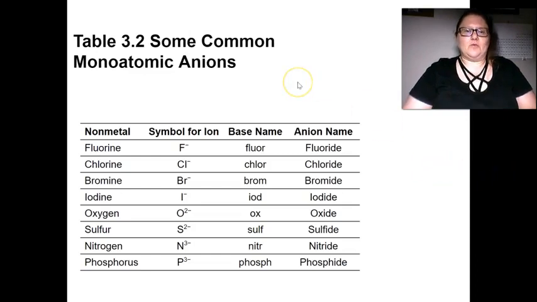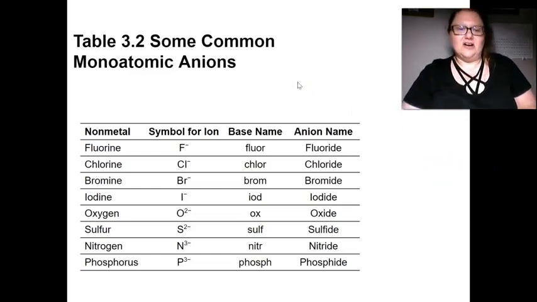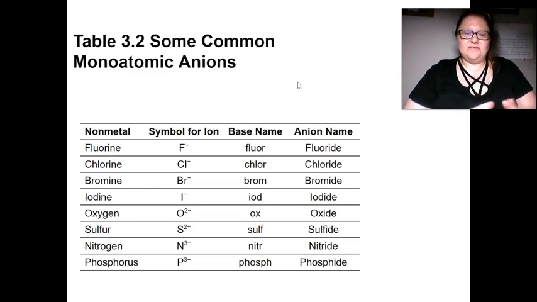Okay, so the way we name the anion changes. The metals do not change their name, but the nonmetals do. So let's look at some examples. When we have fluorine, when it's an ion, it's in group 7A. You wrote down that that forms a -1 charge. We typically don't write the number 1, so it's just the minus sign.